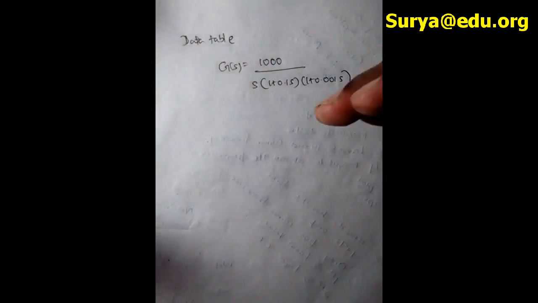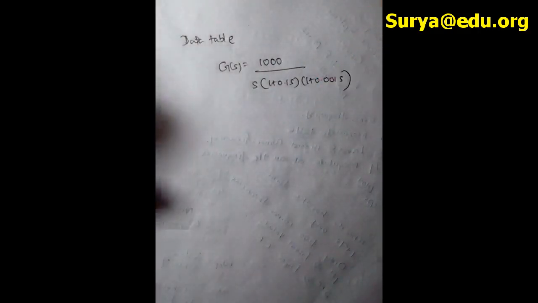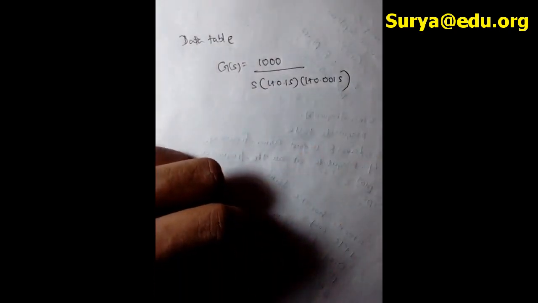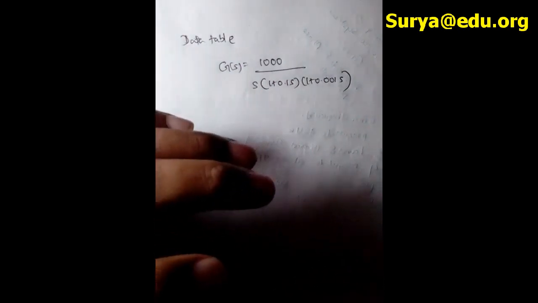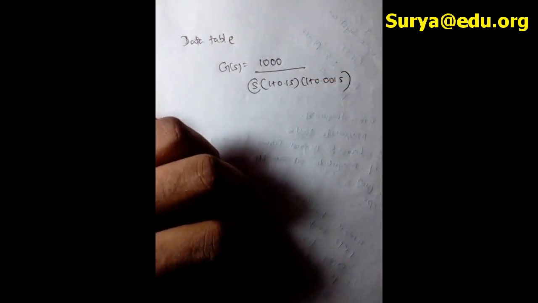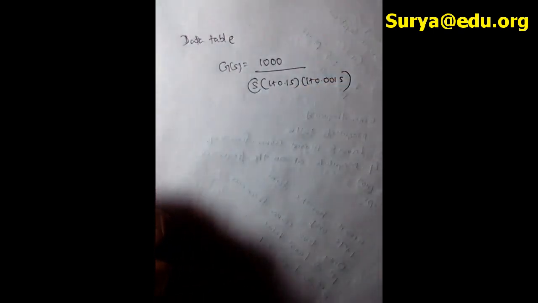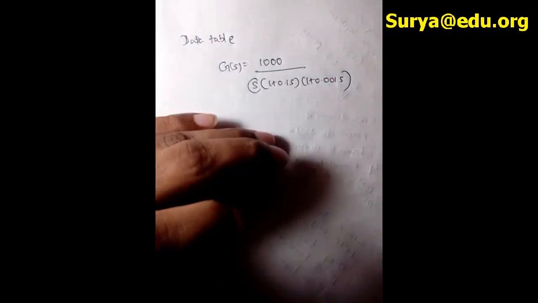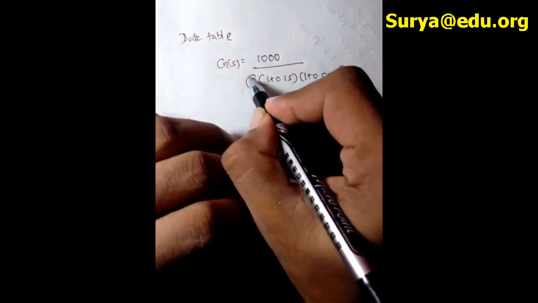That means we have to separate some components. So now let's see how to do that categorization. In this transfer function, you have to separate individually all the terms that are related with the letter s.